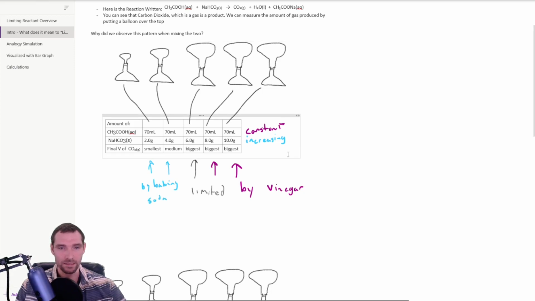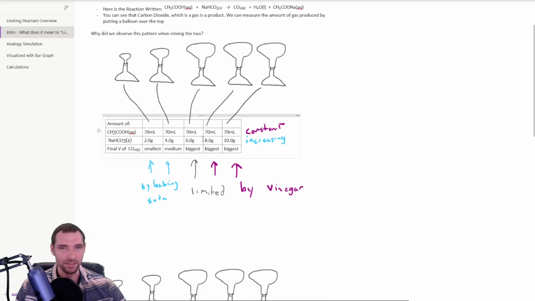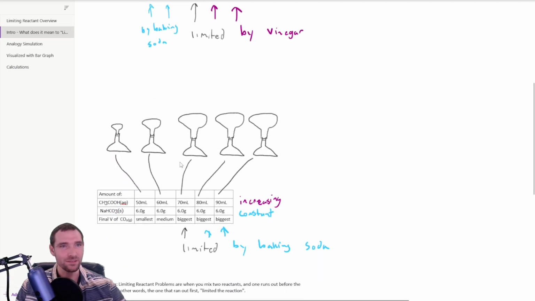And then by extension, this is also limited by probably us having a little bit more of the vinegar than we need, right? Wait, is that right? Let me just double check that. Yes, that is right, because in this situation we had excess vinegar, so we didn't quite have enough baking soda there. Yeah, okay. So that does actually make sense.